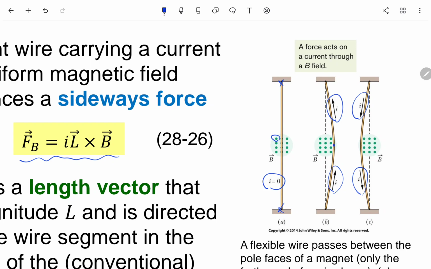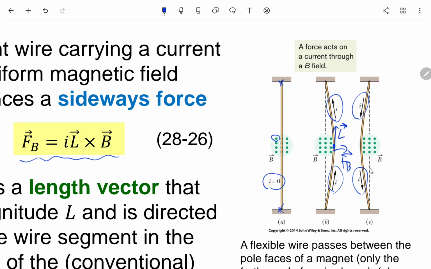So for this case, we consider L pointing upward. B is pointing out of the page. Using the right hand rule, your forefinger points upward, and then you cross it out of the page, your thumb is pointing to the right side. So we have F_B pointing to the right side.